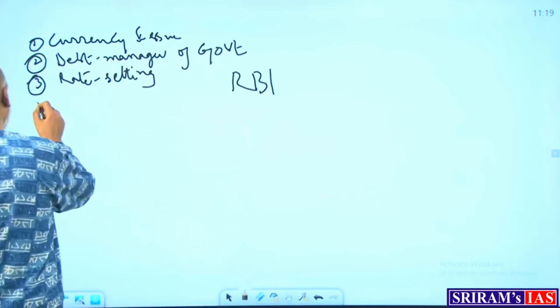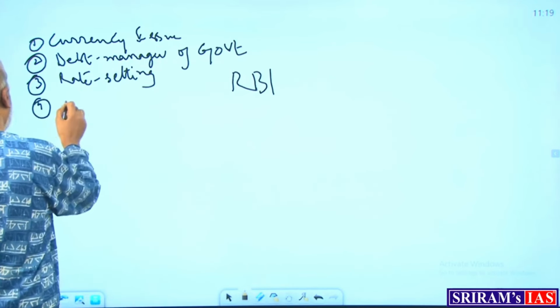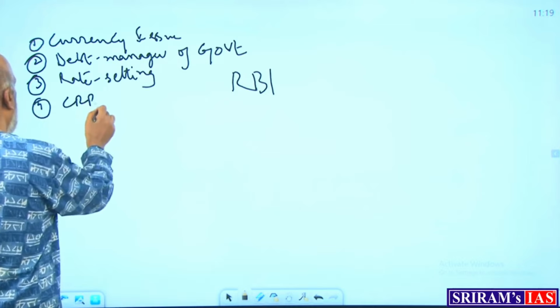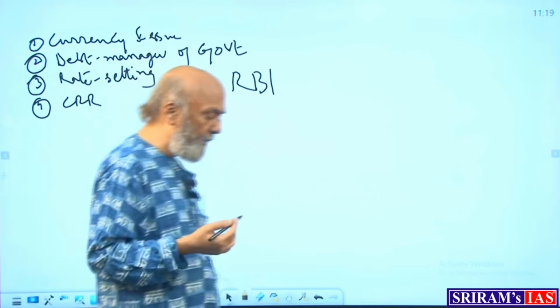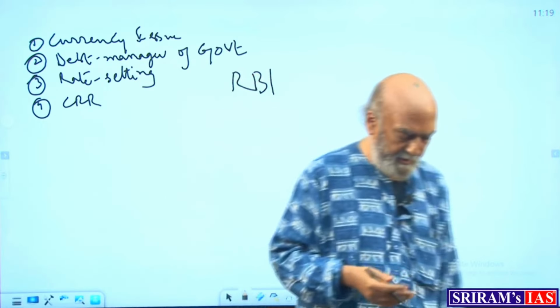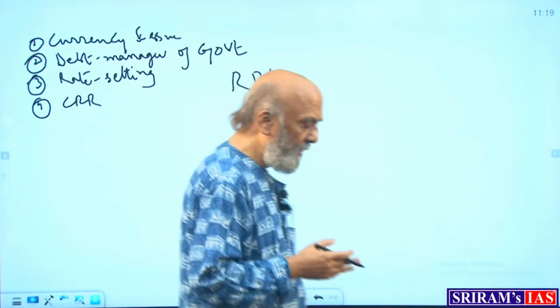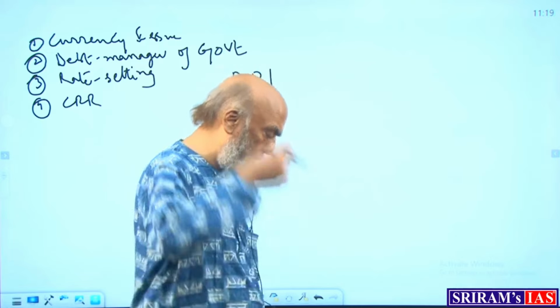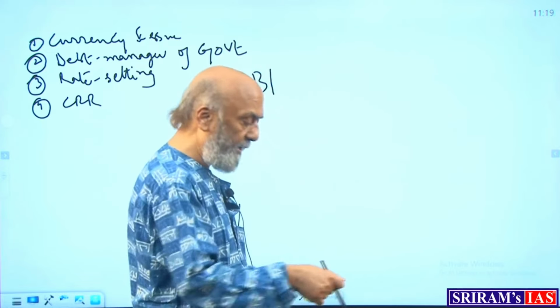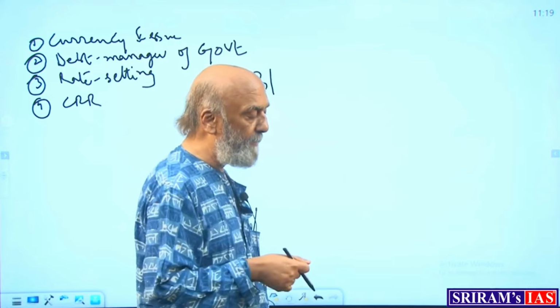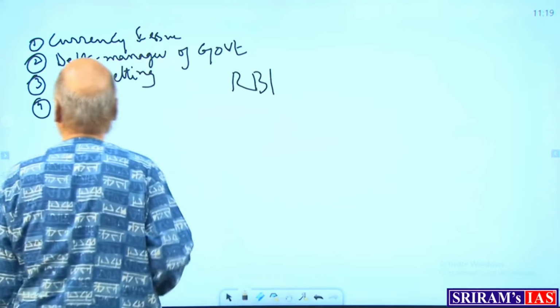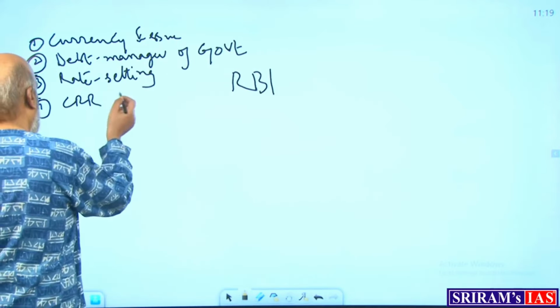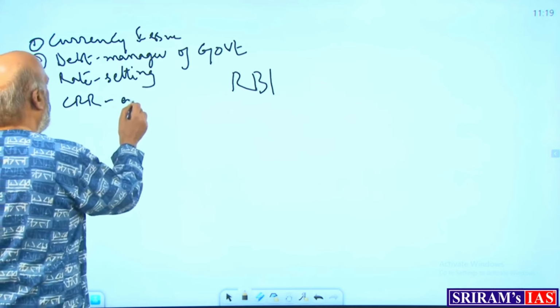For all your CRRs and SLRs, what you call the regulation, ratio setting, it's the author of the monetary policy. All the instruments of the monetary policy are activated or deactivated by the RBI. So that is another, the author of monetary policy.